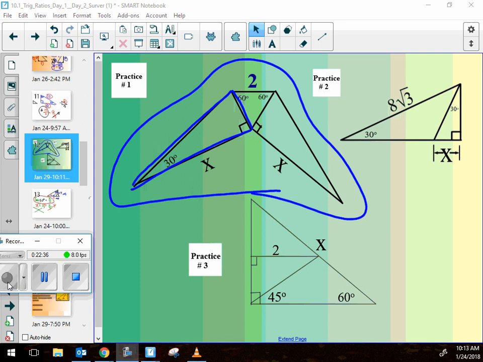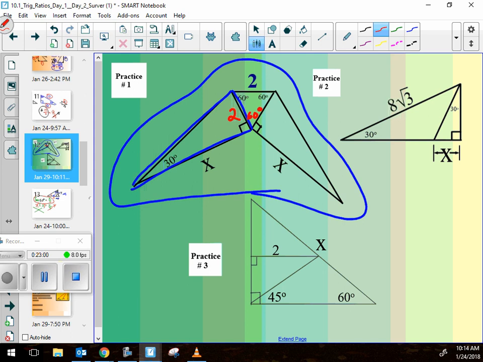Okay, suspense is over with. The people that are good problem solvers have already gone. 60, 60, that's got to be 60 because it's a triangle and they have to add up to 180, right? And what do we know about the 60, 60, 60? They're all the same. And therefore, if all the sides are the same, this must be 2. And now we have a side and an angle in that blue triangle.